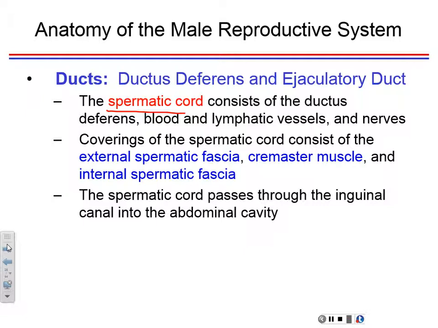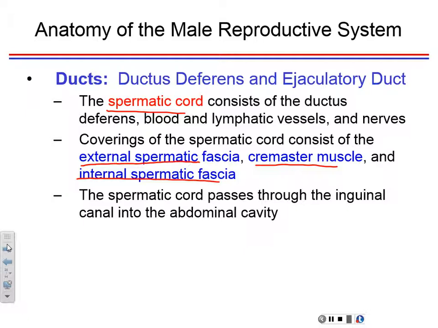So the external spermatic fascia, then the cremaster muscle, then the internal fascia. Inside of that, that's the covering of the spermatic cord. Then you get the blood vessels, the lymphatic vessels, and then the ductus deferens.